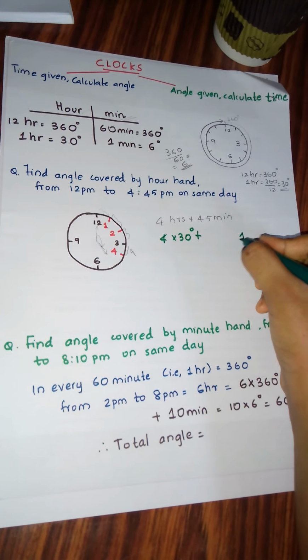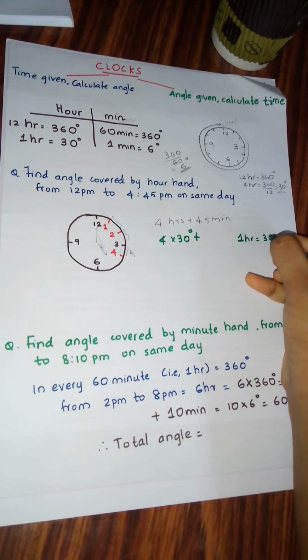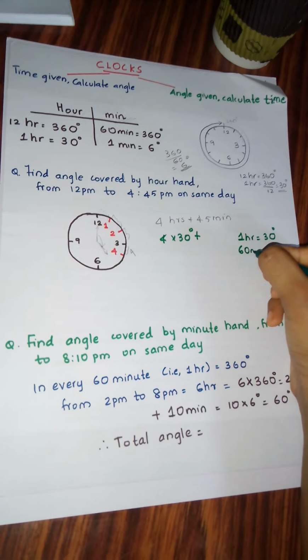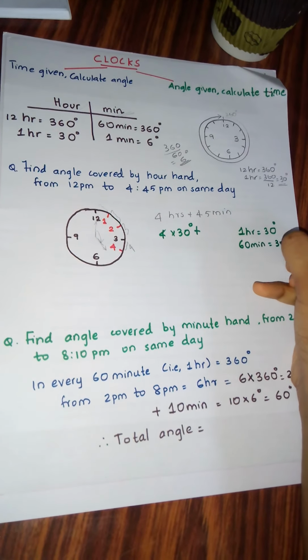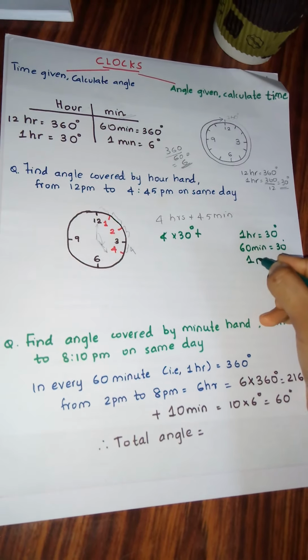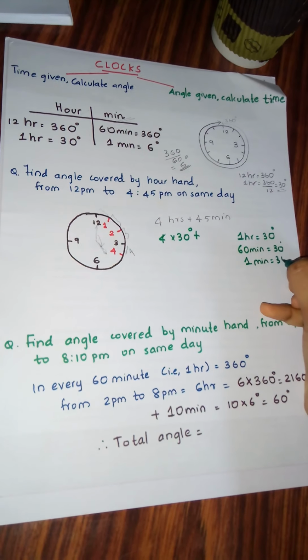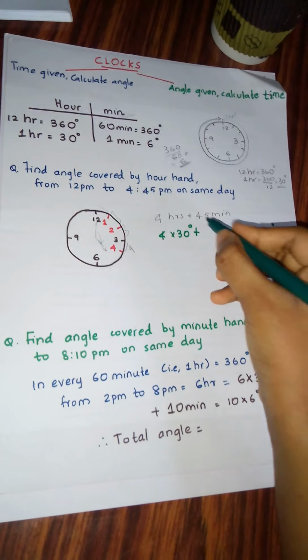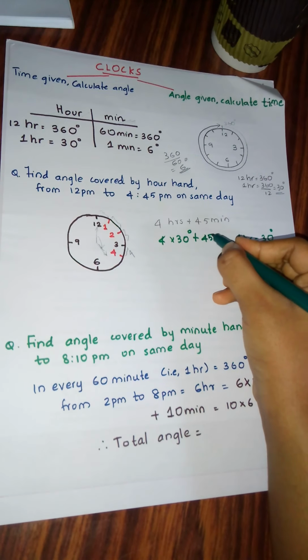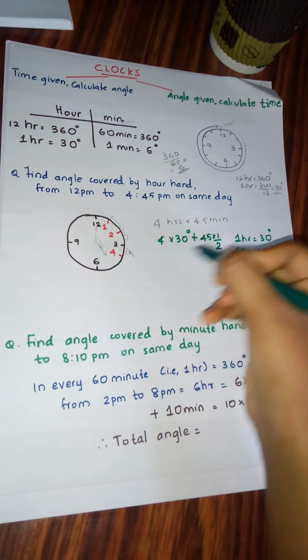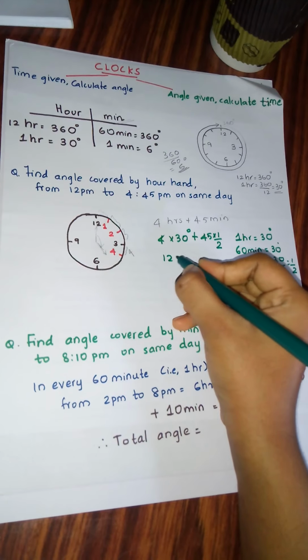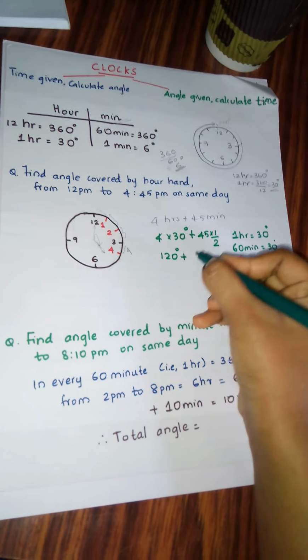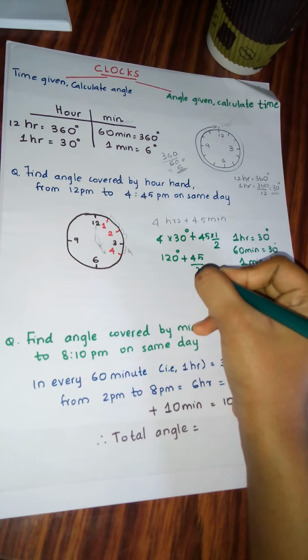If 60 minutes is equal to 30 degree, in 1 minute it will be 30 by 60, which is equal to 1 by 2. So in 45 minutes, it will be 45 into 1 by 2. So 4 3s are 120 degree plus 45 by 2.